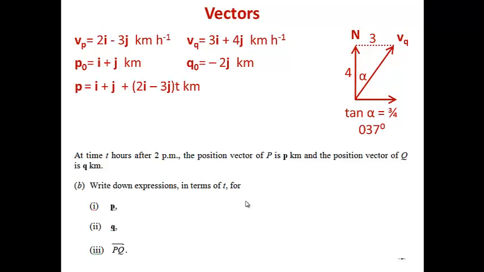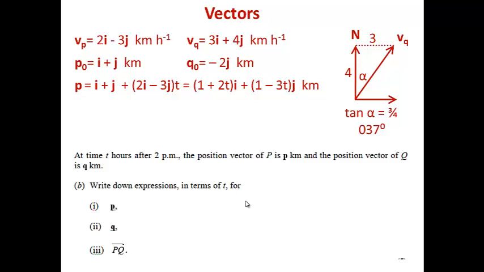So P will be i plus j, its position vector at time t equals 0, plus t times 2i minus 3j, its velocity vector. We can simplify that by collecting the i and j terms together to have P equals 1 plus 2t i's plus 1 minus 3t j's.